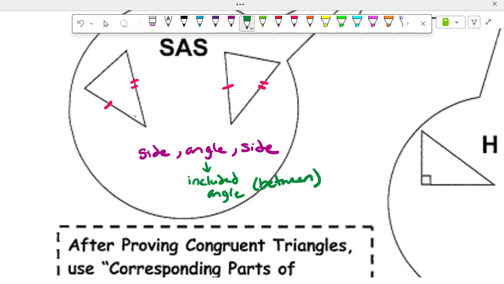So in other words, this angle would be the included angle. Do you notice how this angle is actually made up of the 2 congruent sides? So if the angle that's made up of the 2 congruent sides is also marked congruent, you can say that the triangle is congruent by side angle side.